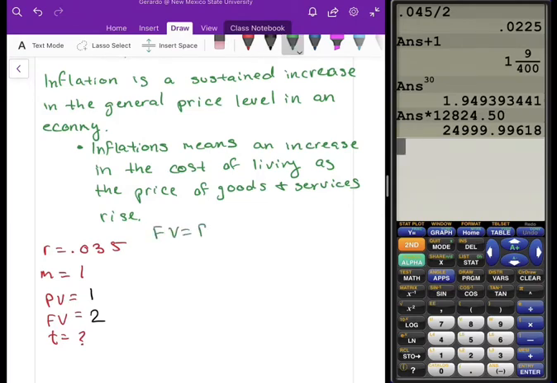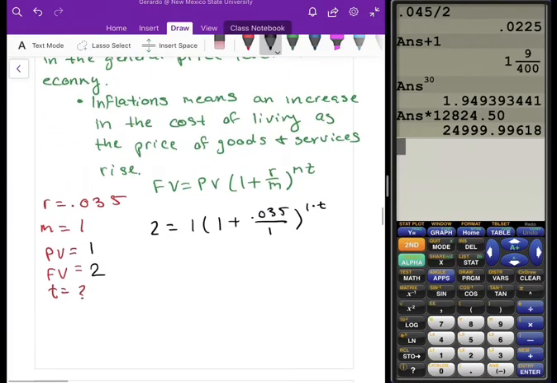Remember, the formula is future value equals present value, 1 plus R over M to the MT. So I have 2, which is my future value, equals 1 times 1 plus 0.035 over 1 and 1 times T.